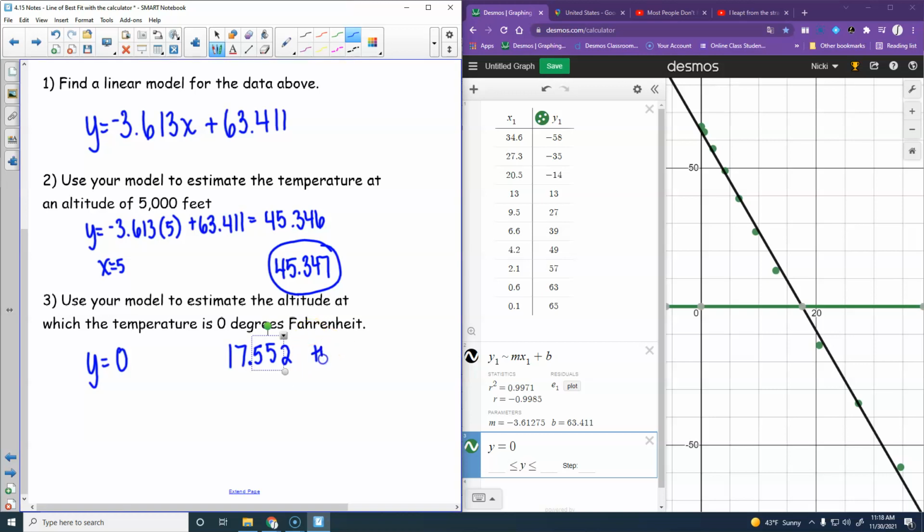He said 1,000 feet. Or an even better way is just move that decimal 3 places to make this 17,552 feet. You got to say one of these. You can't just say 17.552 because it is not 17.552 feet. It's 17,552 feet.